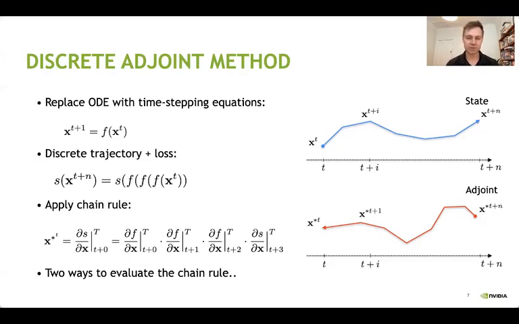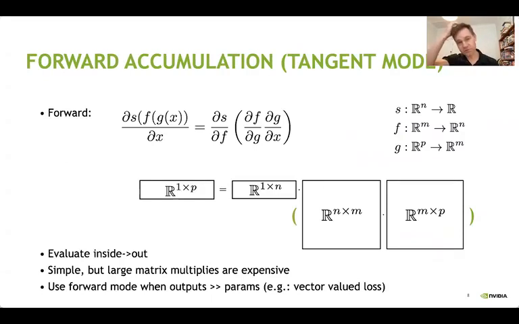There are two ways that we can evaluate this sequence of products and to evaluate the chain rule. The first way is called the forward accumulation method, or sometimes the tangent mode. And really, this is just a question of where do we put the brackets? We've got this big chain of products. How do we place the brackets to evaluate it? And in the forward mode, we do it in a sort of inside-out way.